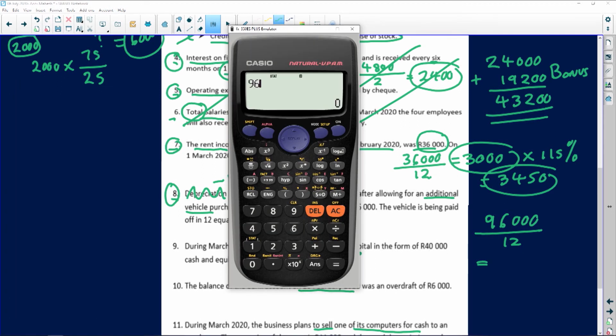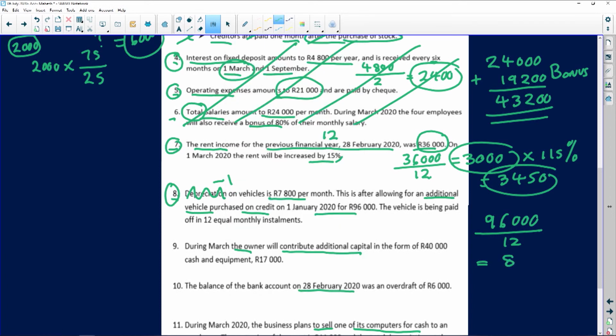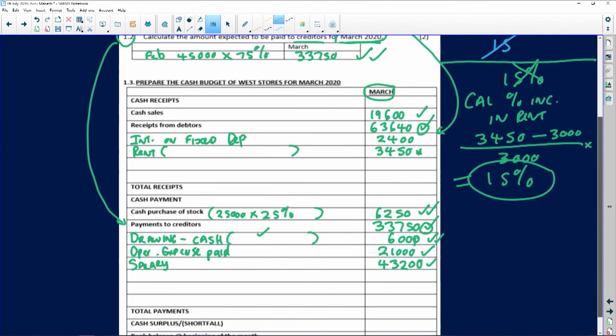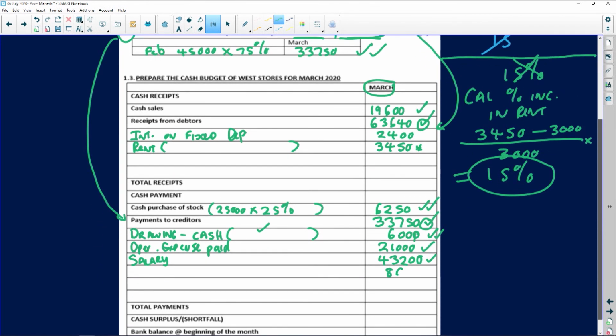Our monthly installment is 8,000. Clearly, we're going to be making that monthly installment for an entire year, for 12 months. So in the month of March, there's going to be a payment from our bank account of 8,000, and this is for the vehicle installment.